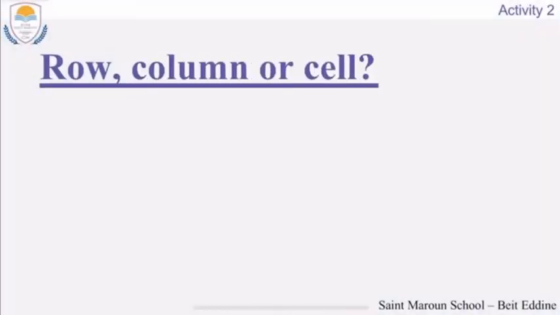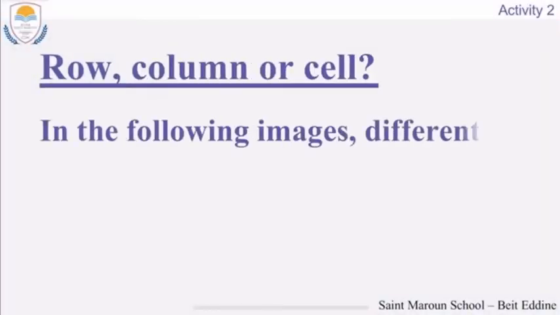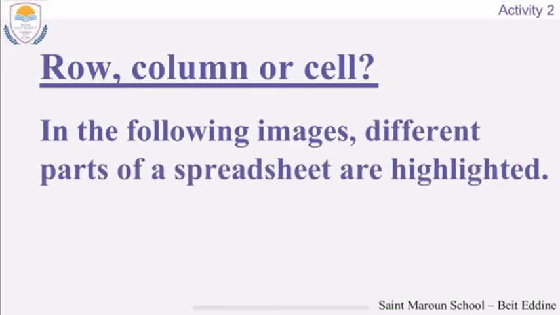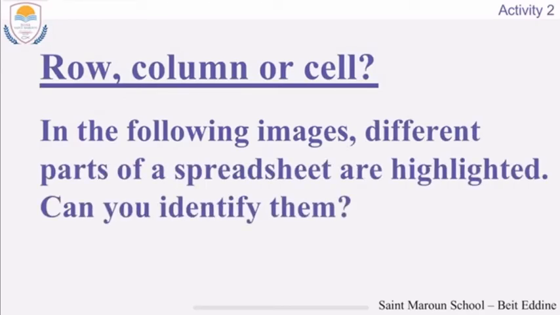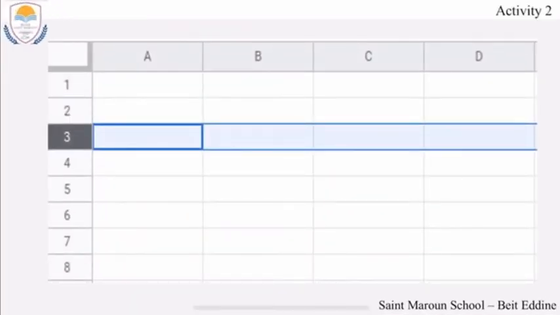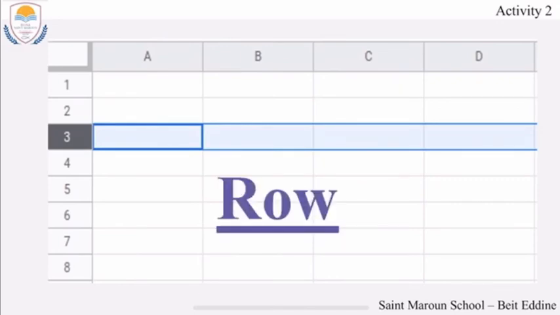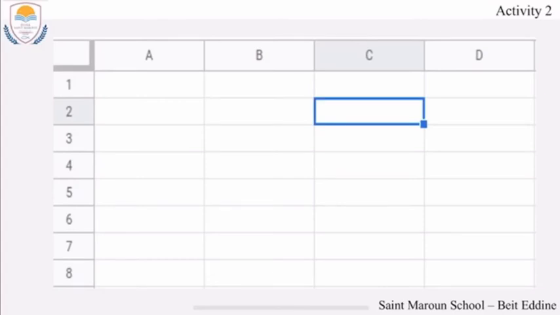Row, column, or cell. In the following images, different parts of spreadsheet are highlighted. So, can you identify them? Let's see. What part is highlighted here? Is it a column, a row, or cell? Of course, it is row. Row 3. Number 2. What part is highlighted here?